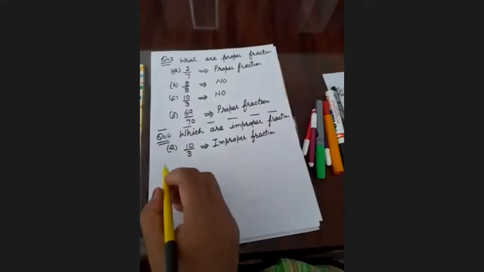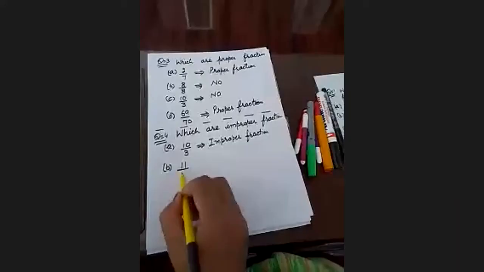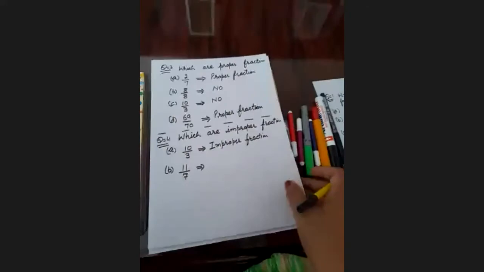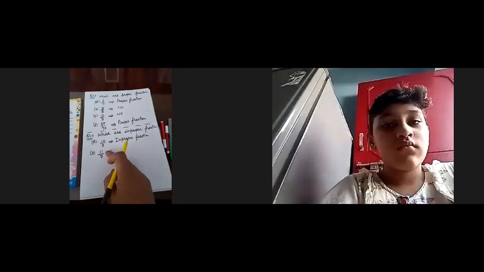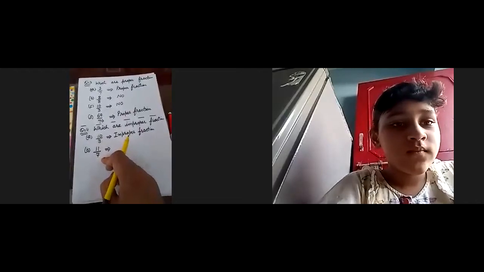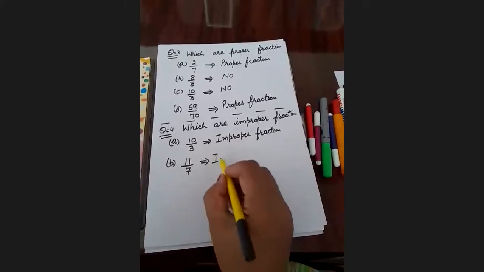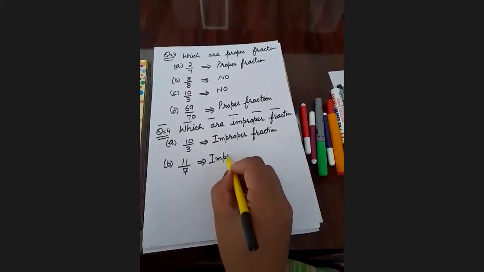Next is part B. Now numerator is 11 and denominator is 7. 11 is greater than 7. So fraction is improper fraction.